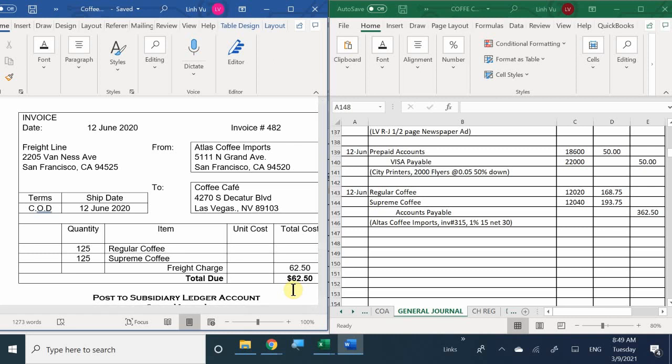Since we bought 125 pounds of each one, we're going to split the difference. Now, who did we receive this from? Atlas Coffee. Not Atlas Coffee. Look at the invoice one more time. Who is the vendor who sent this to us? Freight Line. Good.